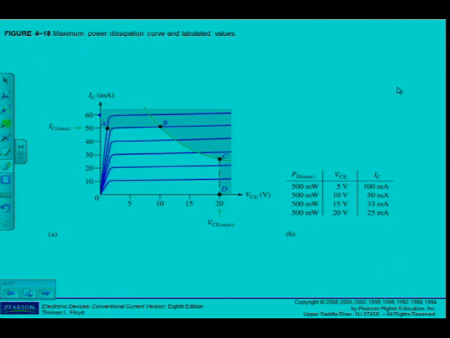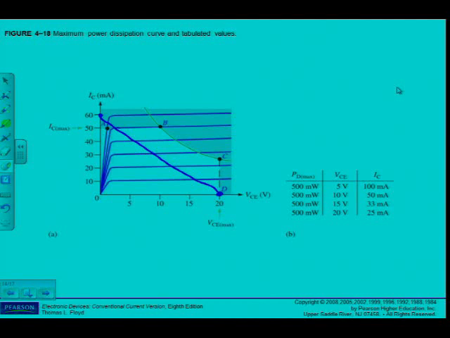Now, remember, we had the saturation point, and this is the cutoff point, and I have my load line there. And they say, of course, IC and VCE cannot be maximum at the same time, and I can see it according to this load line.